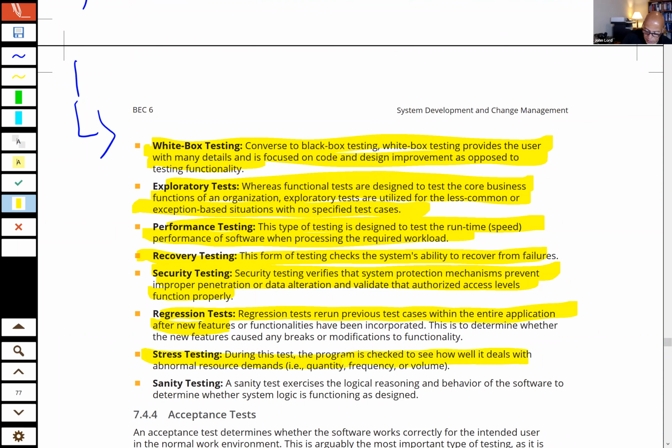Stress testing, this is a big one. I think this was probably the big mistake they made when they rolled out the Affordable Care Act a few years back. The system crashed right away because they just, I don't know what happened. I don't know how, with all the controversy that was around the Affordable Care Act, that they didn't do an incredible amount of stress testing under different scenarios.